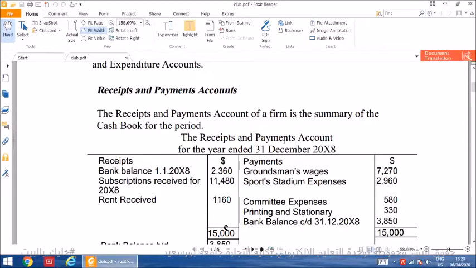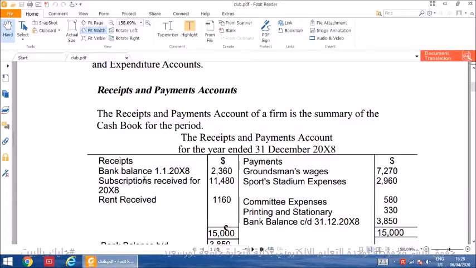The receipts and payments account for the year ended 31st December 2008. The left side refers to receipts and the right side refers to payments.